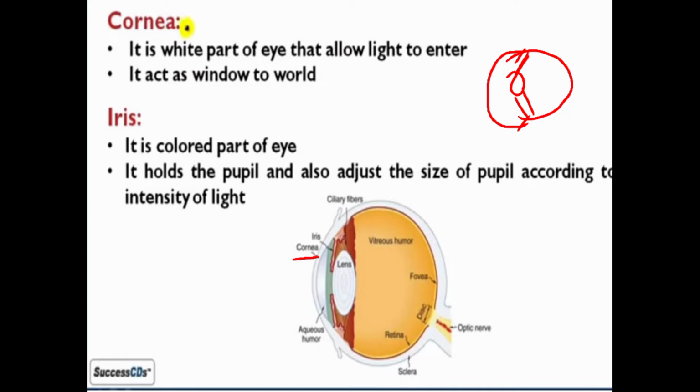In bright light the size of the pupil decreases, it becomes small. In dim light, that is in dark, the size of the pupil increases so that we can see clearly even in the dark.